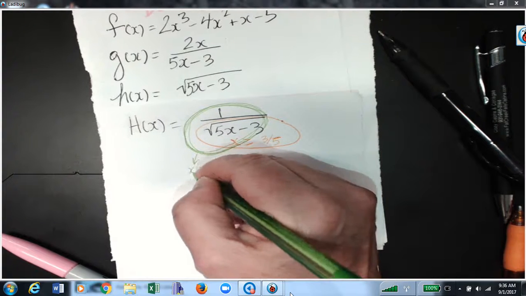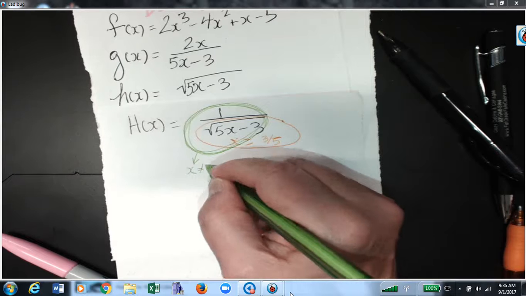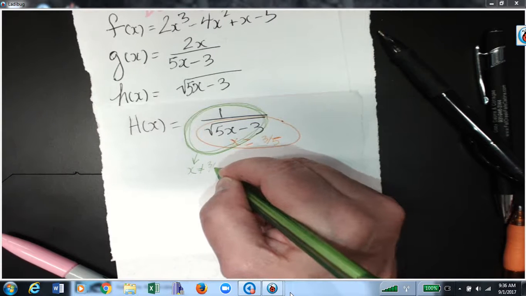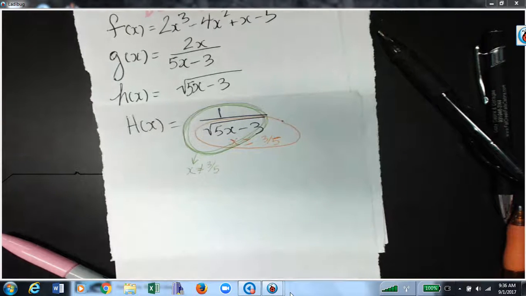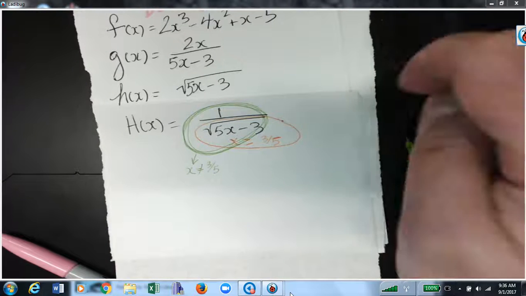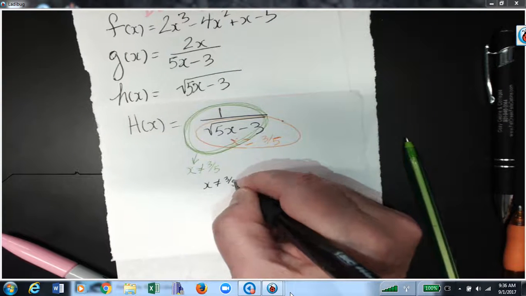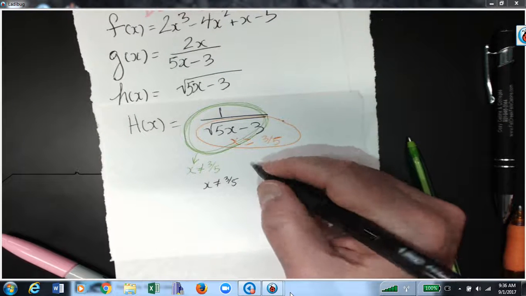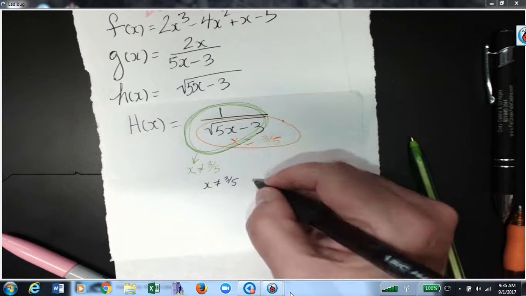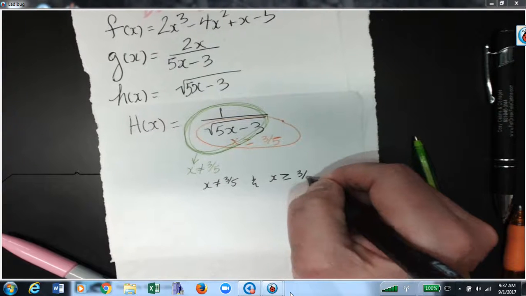And if X is equal to 3/5, then the denominator is going to be the square root of 0, which is 0. So I have 2 restrictions. I have X is not allowed to be 3/5, and it's coupled with X is greater than or equal to 3/5.